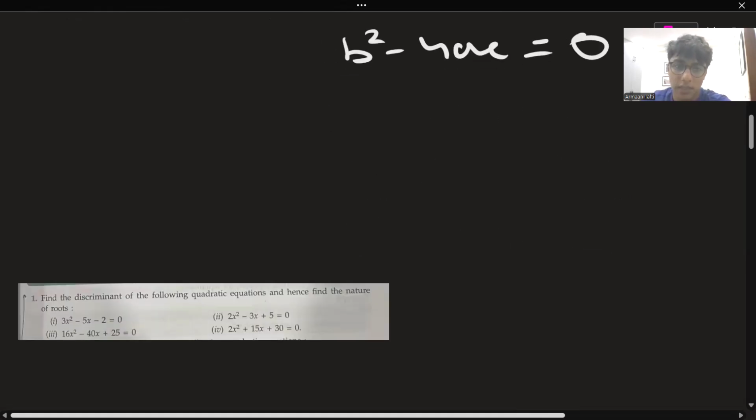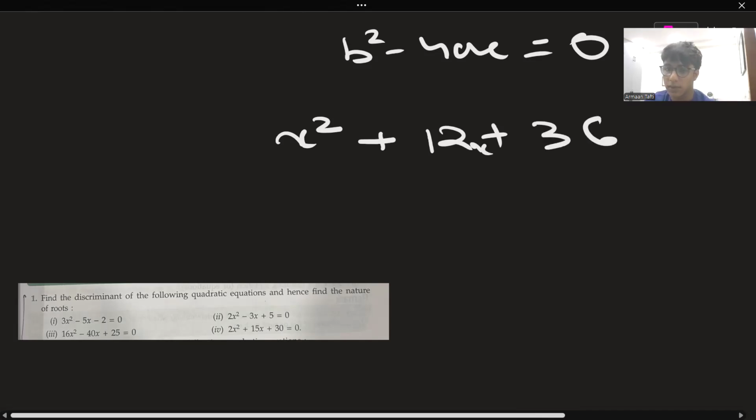Let's look at this quadratic: x square plus 12x plus 36. Let's look at a quadratic equation like this. Now you recognize this as x plus 6 whole square.